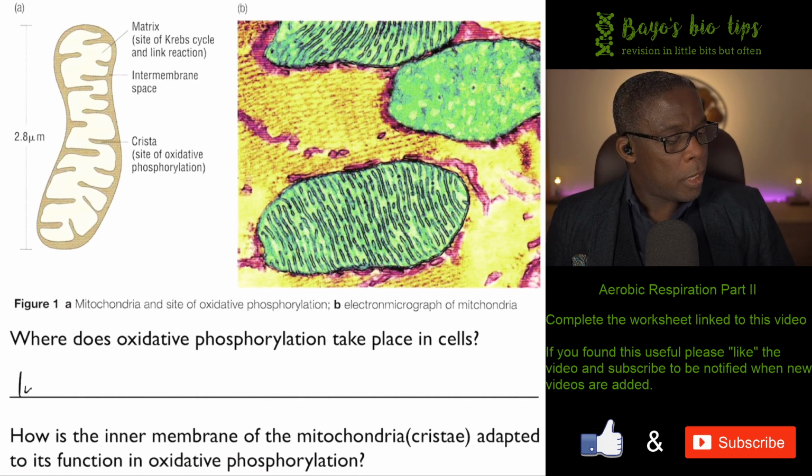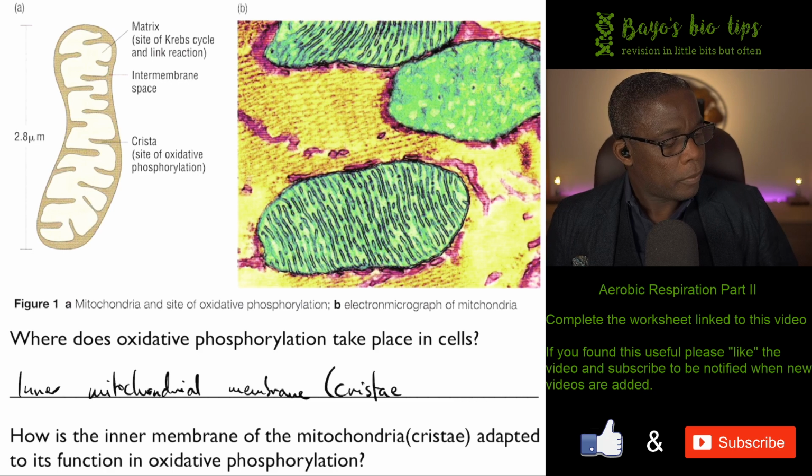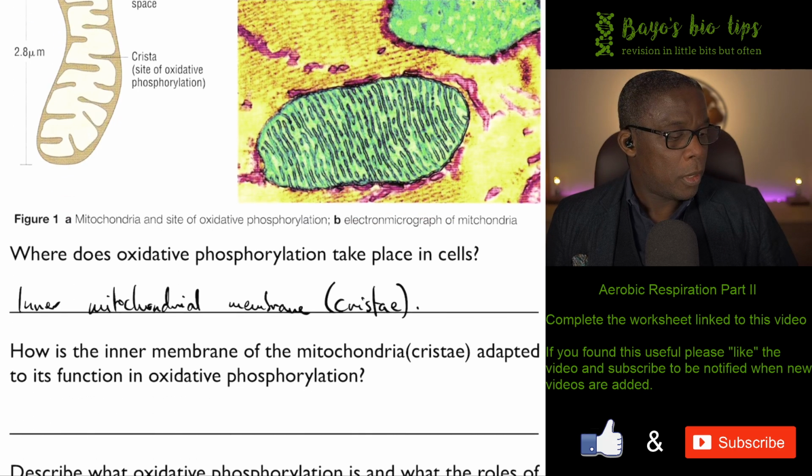So the inner mitochondrial membrane, or cristae. Okay, and you can see that in the diagram, the folded inner membrane.